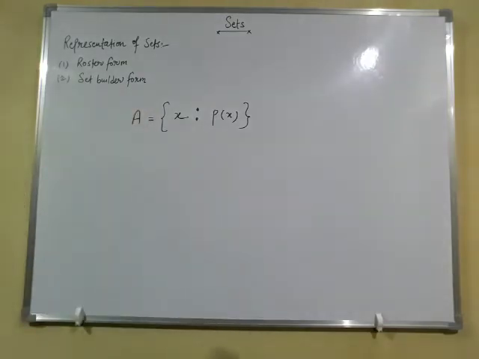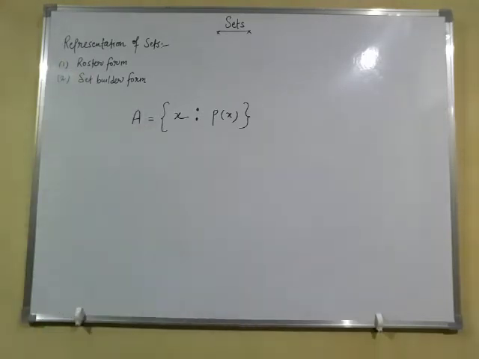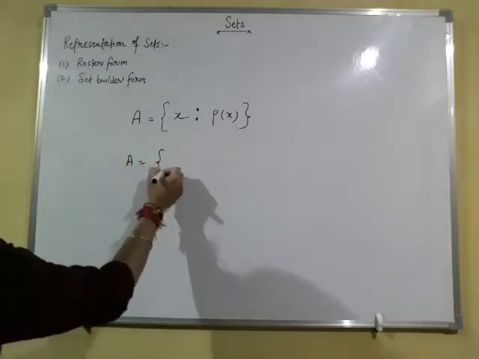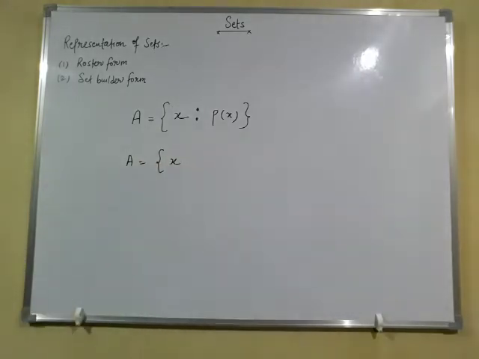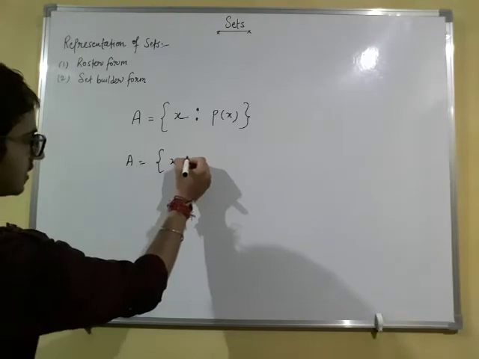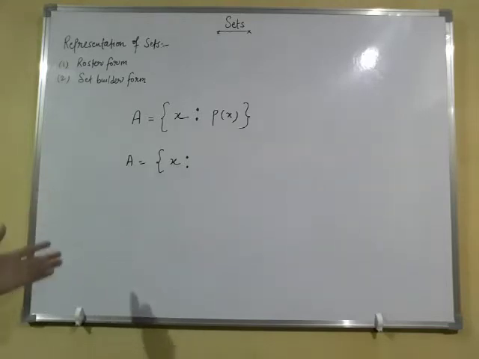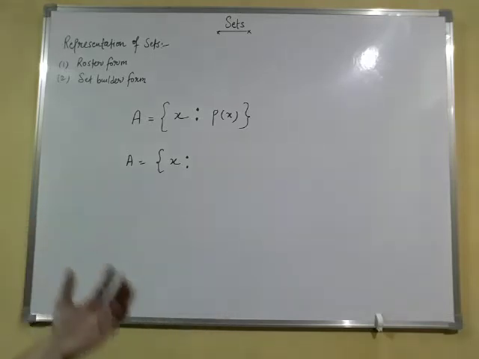And what is the easy or proper form to represent any set in set builder form? Capital A is equal to open braces, take any small alphabet, put your colon, and then suppose I have to convert the set of vowels which we have written in roster form earlier.